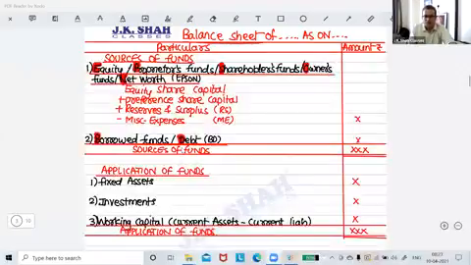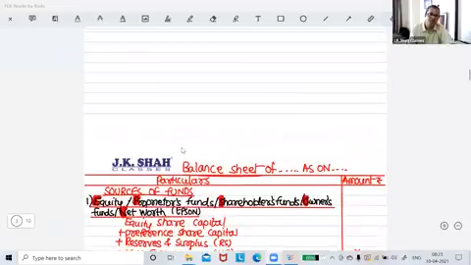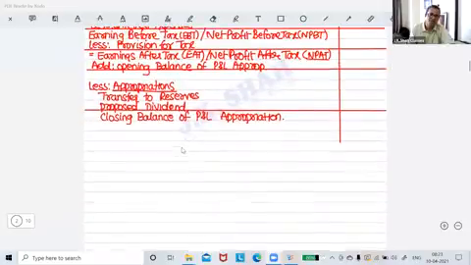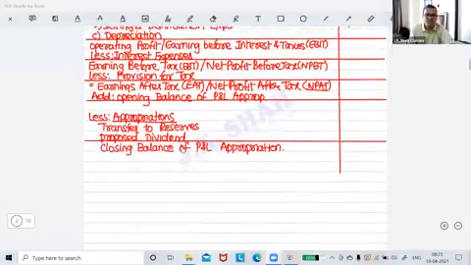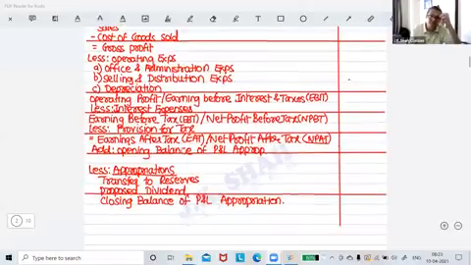Yeah, I told you they are for analysis. These formats are for analysis. Those who want to have a look at the income statement, please note this down.